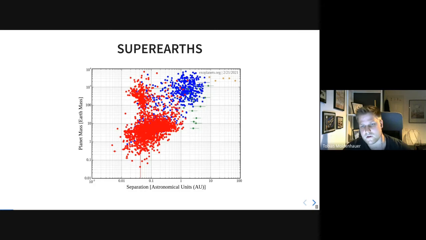Even if you account for observational biases, super-Earths are still very common. We think that about 1 in 3 solar-like stars have at least one super-Earth. Unfortunately, the Sun does not have a super-Earth, but nevertheless, super-Earths and mini-Neptunes are very common in the universe.